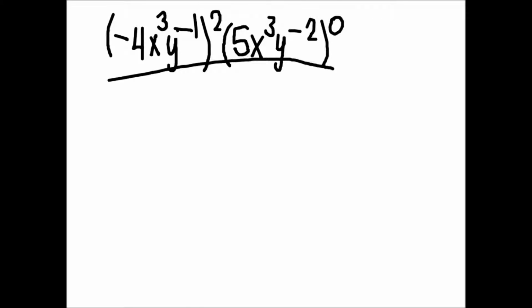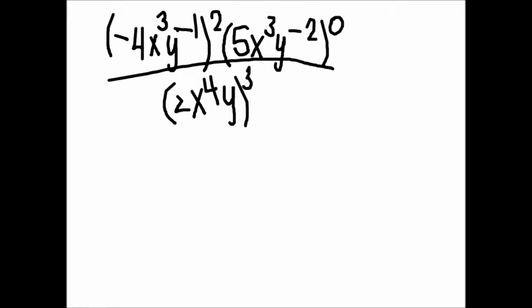So let's talk about exponents. X to the third, y to the negative 1, all to the second, times 5, x to the third, y to the negative 2 to the 0 power, divided by 2x to the fourth, y to the third, all to the third.